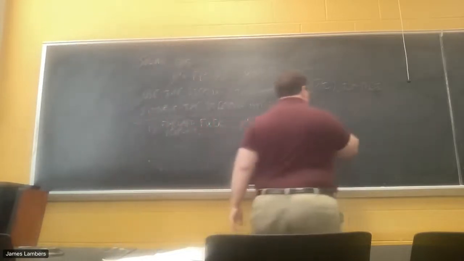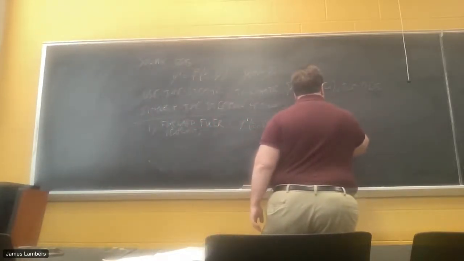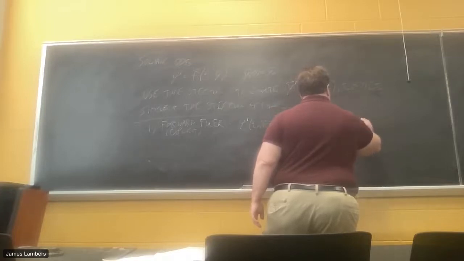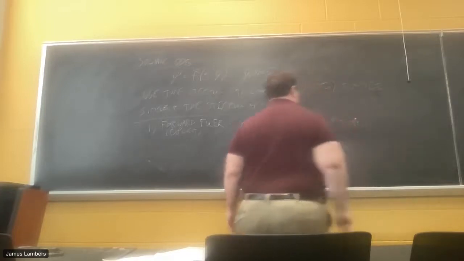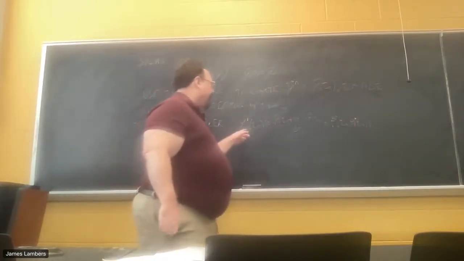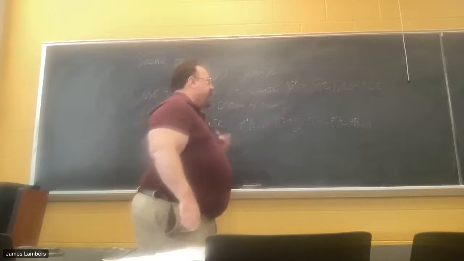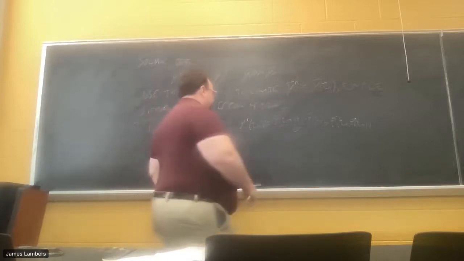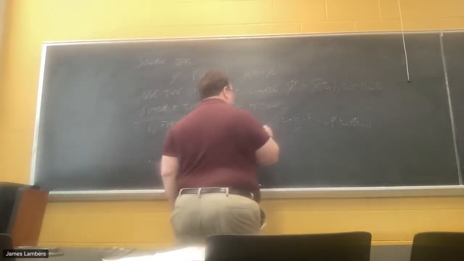And then that is approximately equal to f at tn, y of tn, because y prime of tn is supposed to be exactly equal to f of tn, y of tn. So that leads to this.